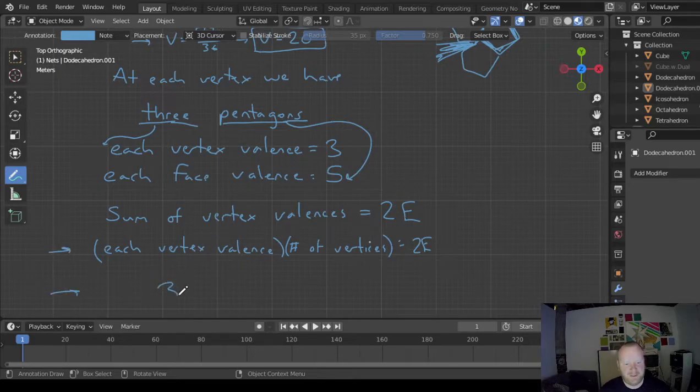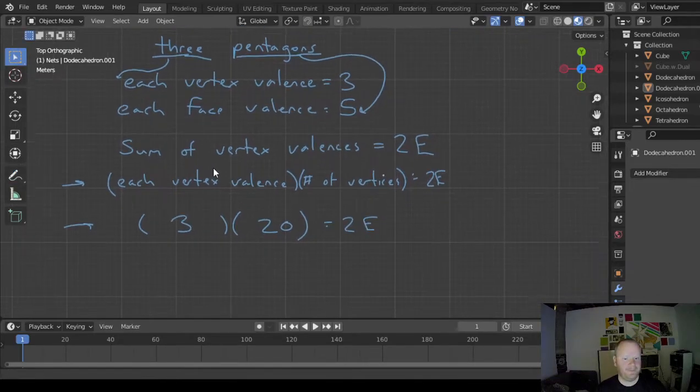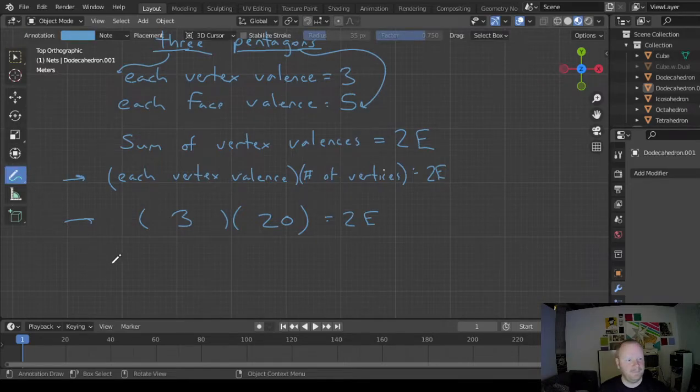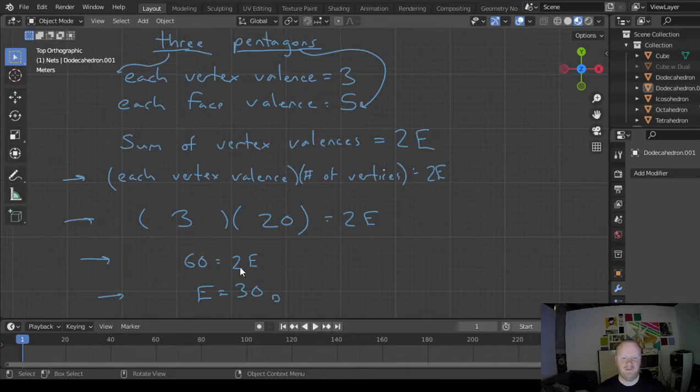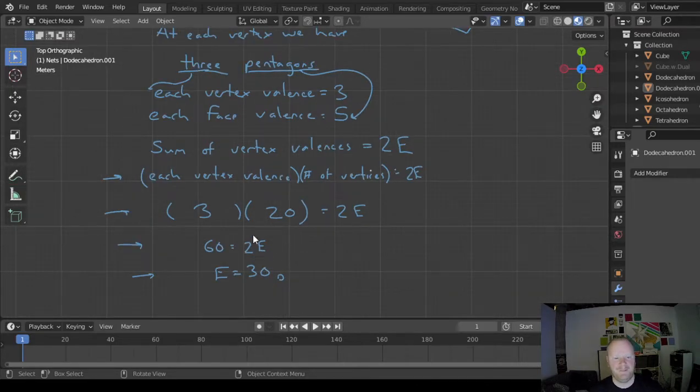Each vertex valence we know is 3. Number of vertices here we figured out was 20. So we can say that 60 is equal to 2e, and that tells us that the number of edges is going to be 30, right? Which is what we were trying to figure out originally.